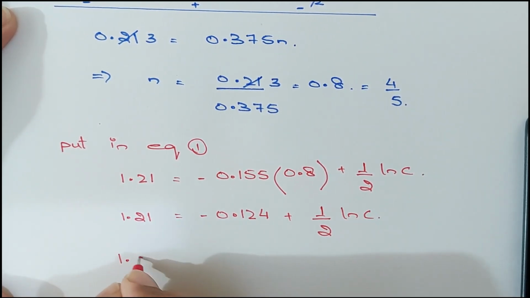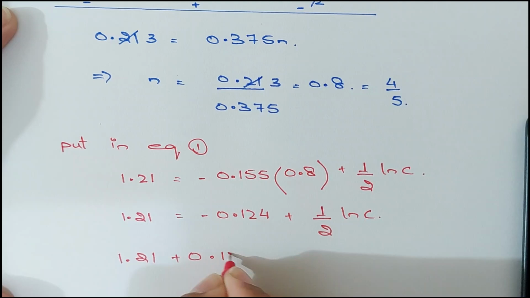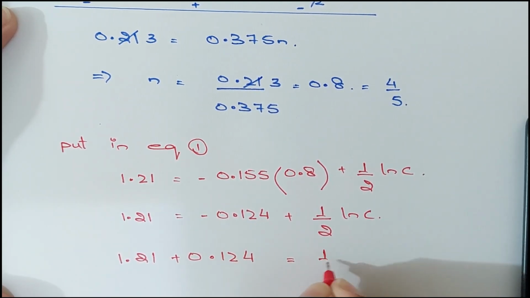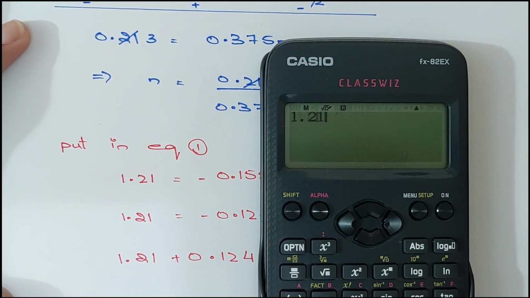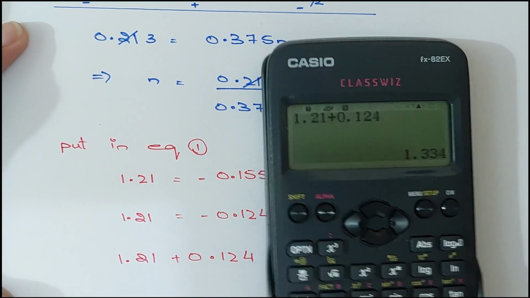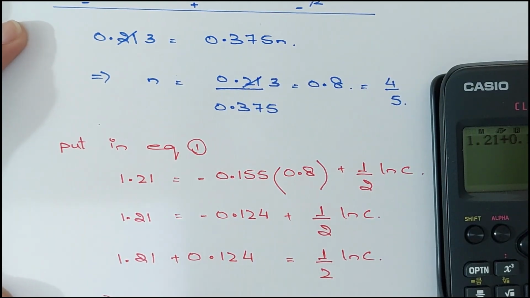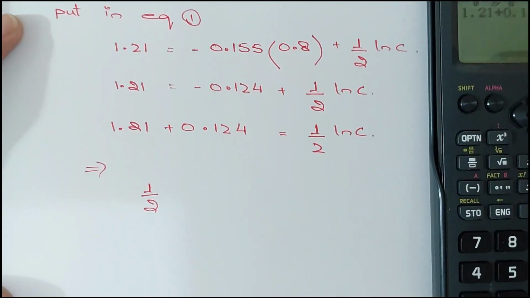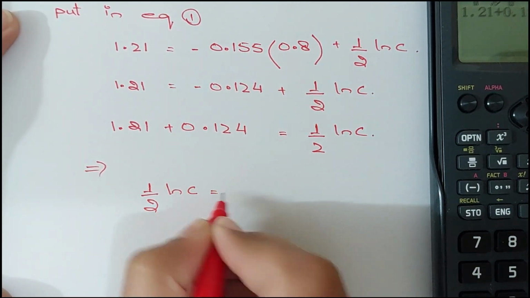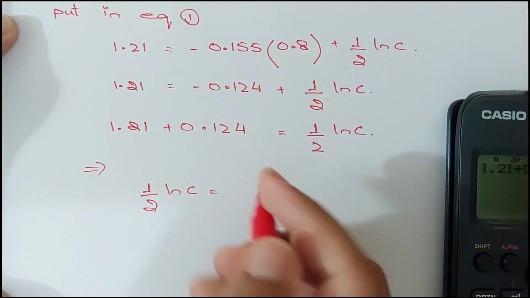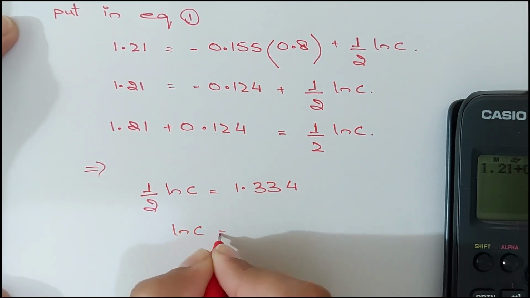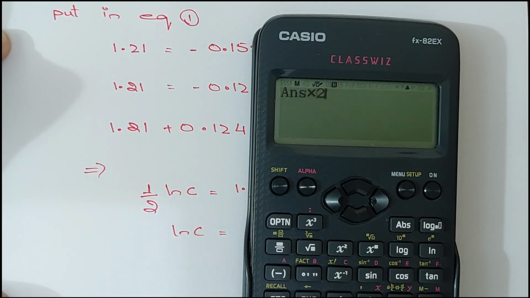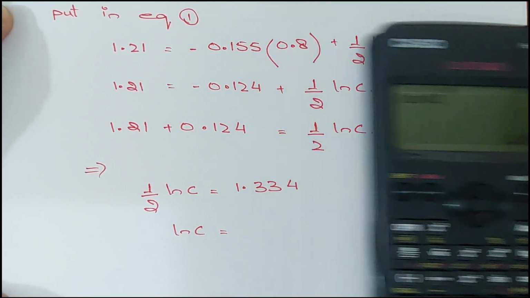So we have 1.21 plus 0.124, which is 1.334. So half natural log of c equals 1.334, and natural log of c equals 2 times this, 2.668.